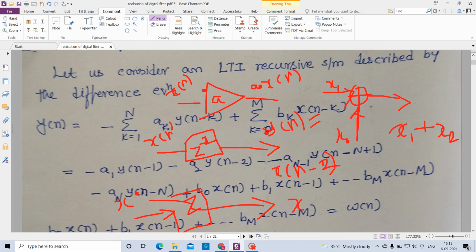This is the representation of the advance time element. For example, Z square means x of n plus 2. So these are the basic elements we are using to represent the digital filter.